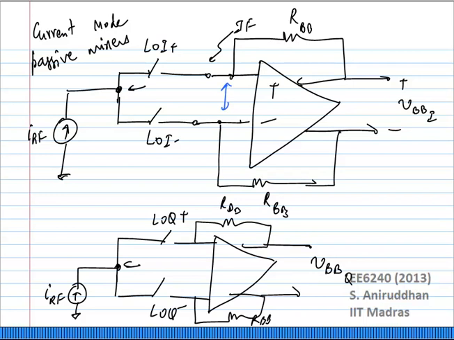I also mentioned that the behavior of the current mode mixer is different from that of the voltage mode mixer, and something as basic as the input impedance is different, because the mixer is a time variant circuit, and therefore the impedance changes depending on whether it's driven with a voltage or driven with a current. We will try to derive the expression for both of these input impedances in today's class.